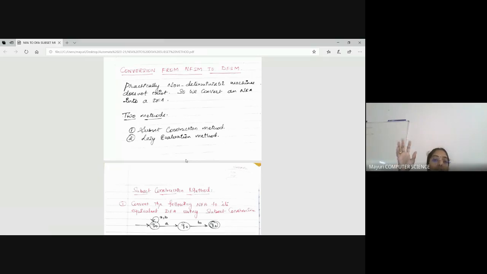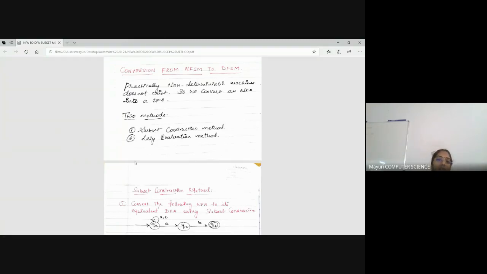I think you'll agree. Suppose in my NFA, I have 3 states. 2 power 3 possible states, that is 8 states, are available in the DFA. Correct? The subset construction method deals with that. You have to construct subsets of the states available in your NFA. The subsets of states are the states in the DFA.